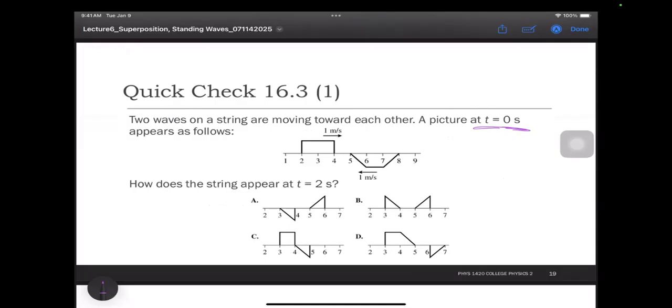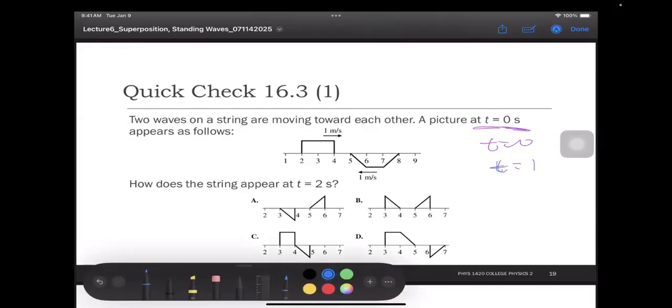You can see here is t equals 0, and you need to find t equals 1. At t equals 1, it will move like this, here and here. Does it make sense to you? Just move. And t equals 2, which means continue.